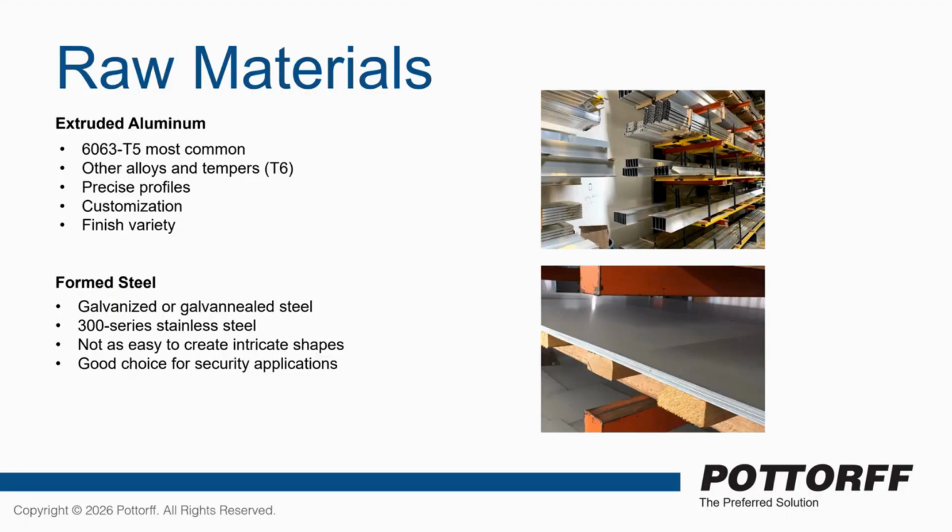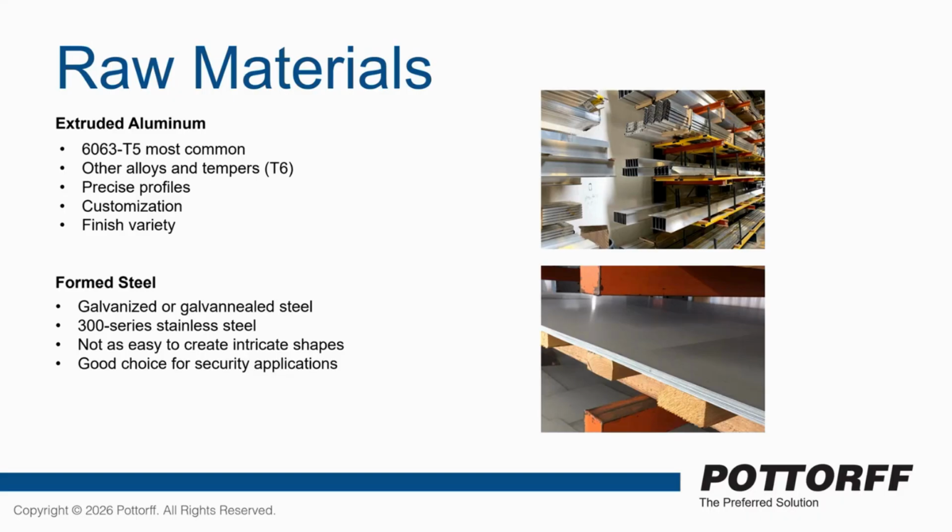So let's talk about the general construction and the general design. The vast majority of louvers we're going to sell here are made out of extruded aluminum or formed steel. I can tell you that the vast majority of the louvers on the market today, and that we will sell, are going to be extruded aluminum.